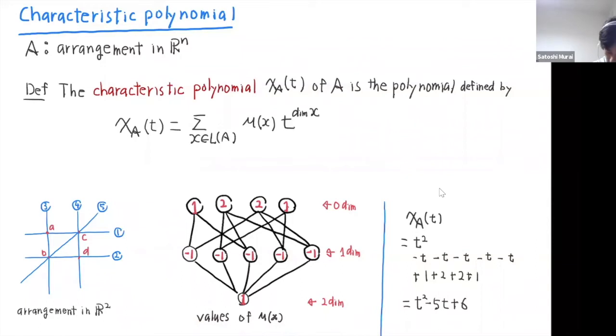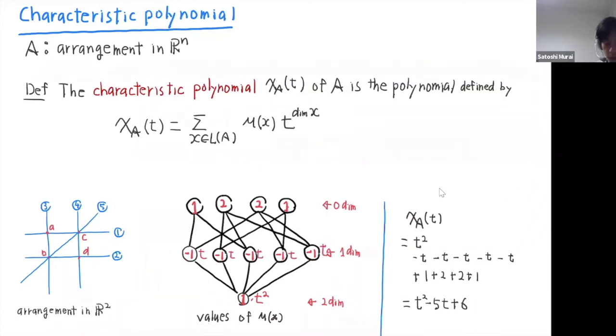First, recall that this element is a two-dimensional affine space, these 5 elements are affine spaces of dimension 1, and these 4 elements correspond to points, so they are zero-dimensional affine spaces. Then for each of these elements: for the two-dimensional one, we put t to the square, and for each element of dimension 1, we put t.